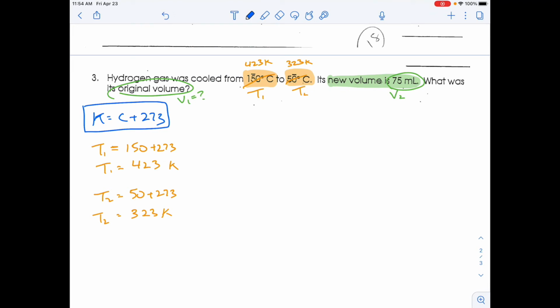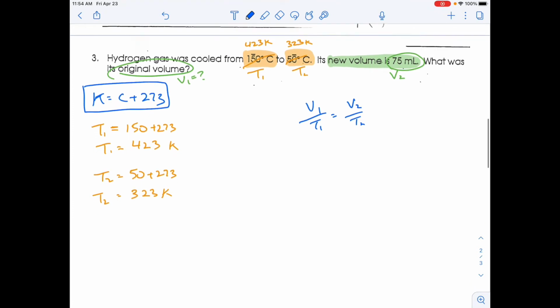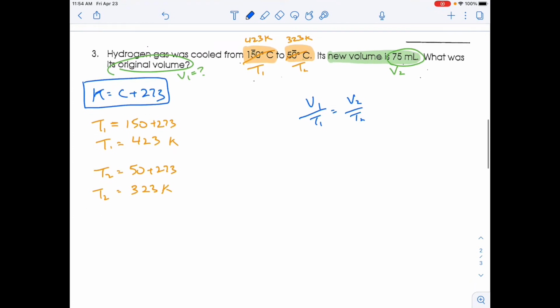Let's remind ourselves of the equation. V1 over T1 equals V2 over T2. That's Charles' law. And basically, again, this says if one aspect of this goes up, the other goes up. If temperature goes up, the volume goes up. If the volume goes up, the temperature had to have gone up, because that's the way a gas behaves. The hotter the gas is, the bigger the volume is going to be. The cooler a gas is, the more condensed and compacted and contracted it will be.